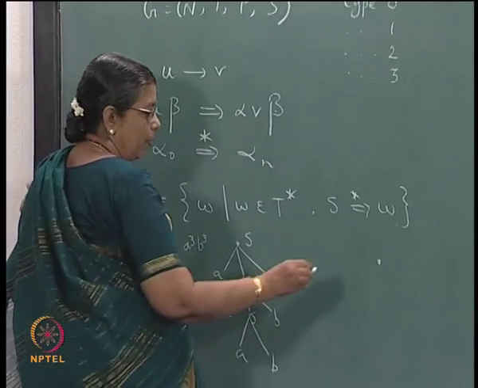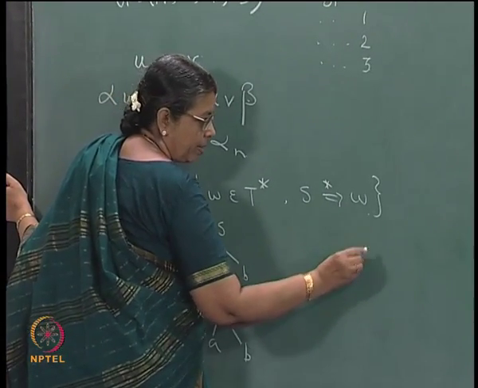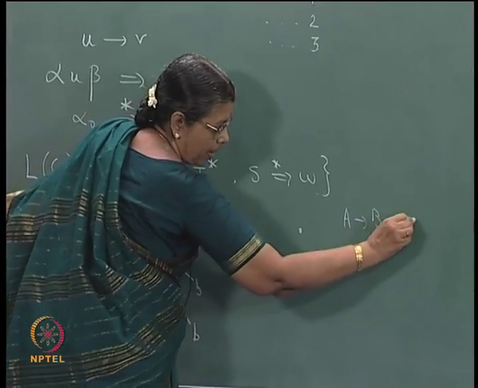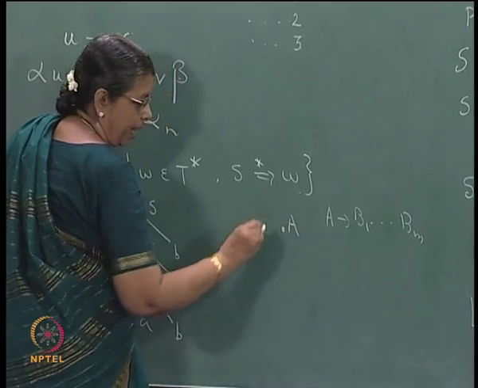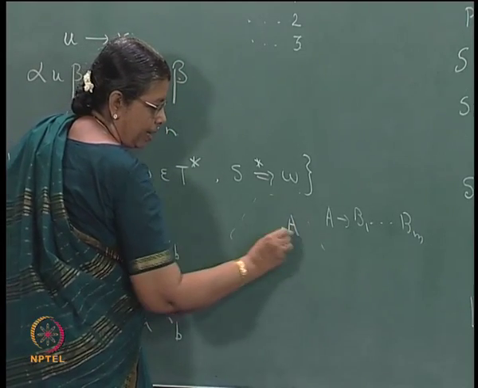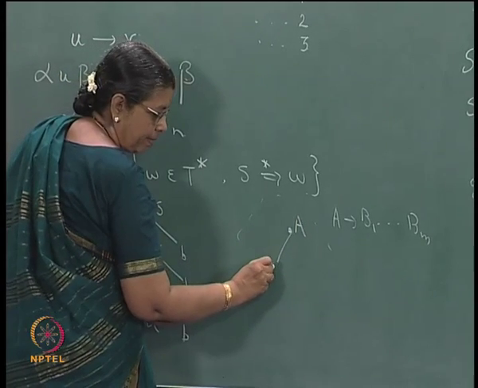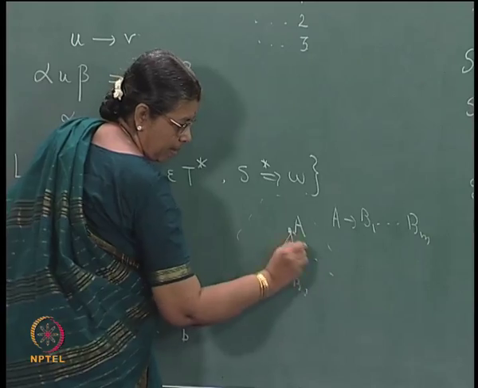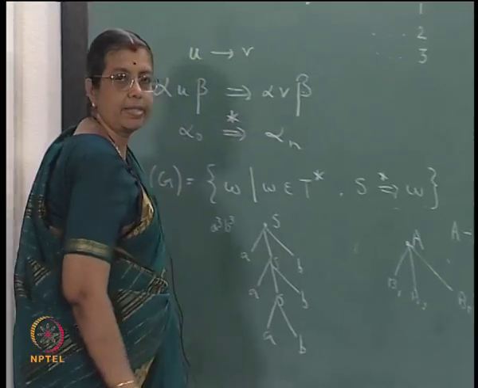In general, when you apply a rule, suppose you have a rule A goes to B1, B2, ..., Bm. In the derivation tree, somewhere there will be an internal node labeled A, and it will have sons B1, B2, ..., Bm. The derivation tree will be represented like this.